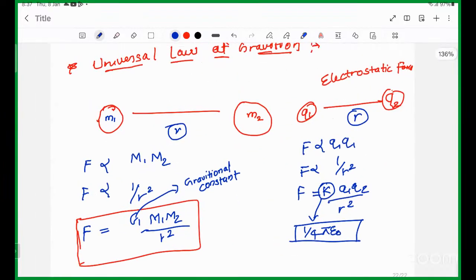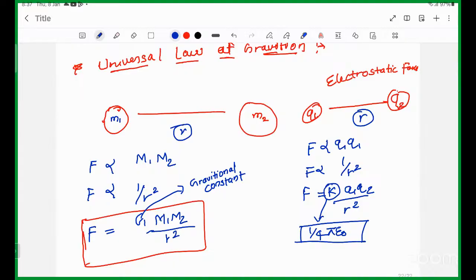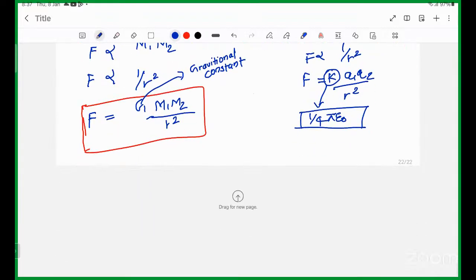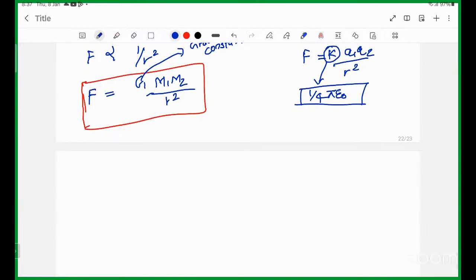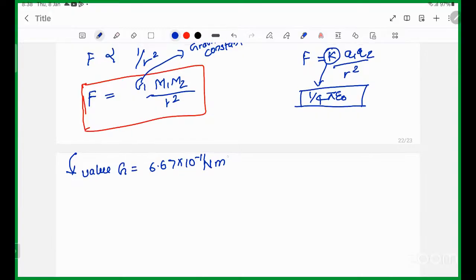In this case, for the gravitational constant, the value of G is equal to 6.67 into 10 raised to power minus 11 Newton meter square upon kg square.